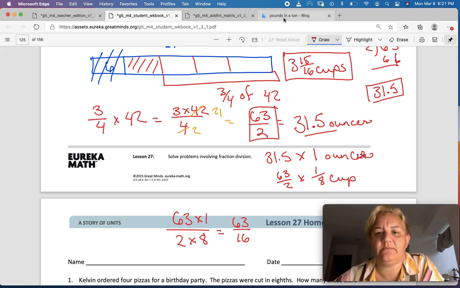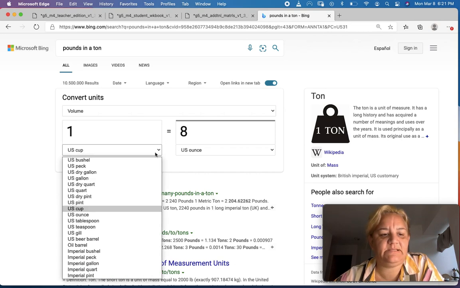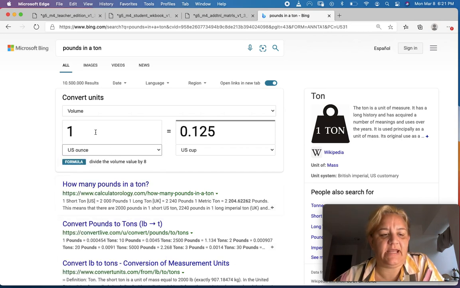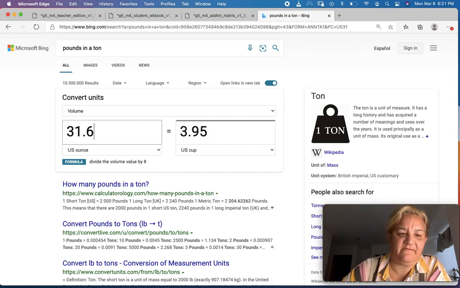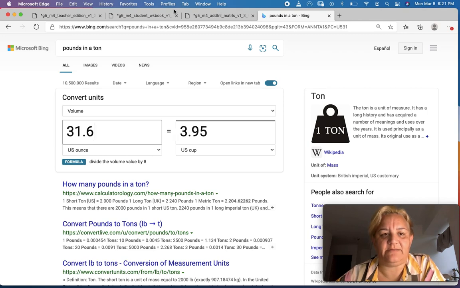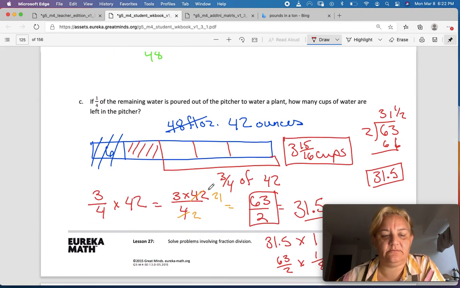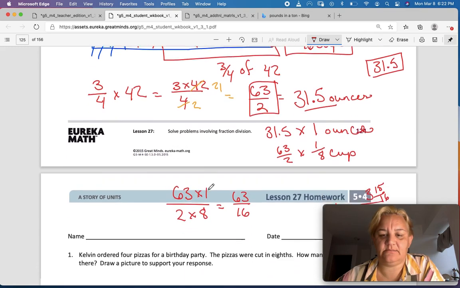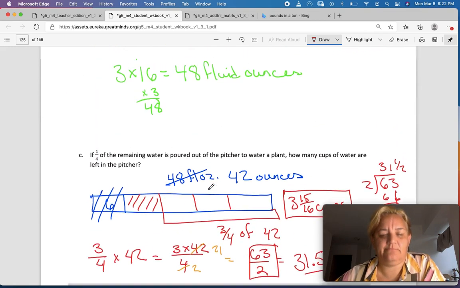Let's just double check this here. If we had this as ounces, and I know that there are 31.5. Oh, see, I got it wrong. 3.95. No, that's right. Tricky. This one was a hard one. Ooh, letter C was hard. Okay. If I made a mistake, let me know. I think I got it right, though.